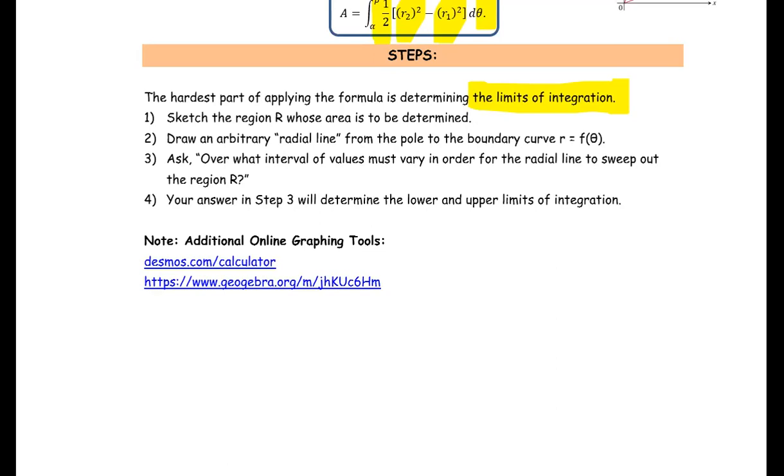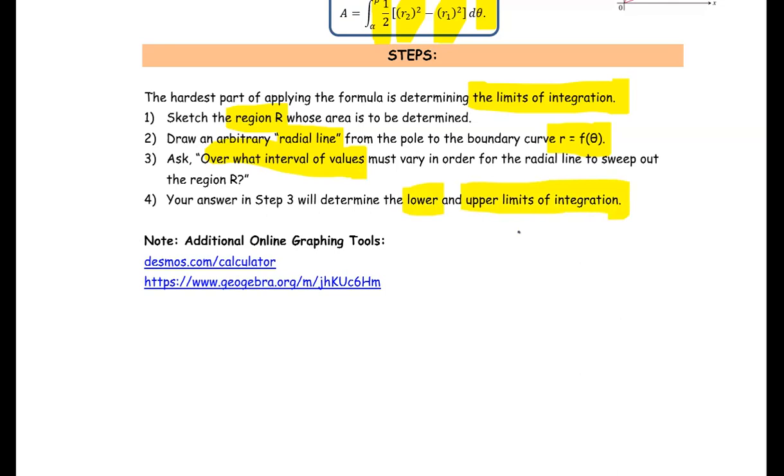The first step is to sketch the region R whose area is to be determined. Next, draw an arbitrary radial line from the pole to the boundary curve r equals f of theta. And then ask over what interval of values theta must vary in order for the radial line to sweep out the region R. From step 3, you can determine the lower and upper limits of integration.